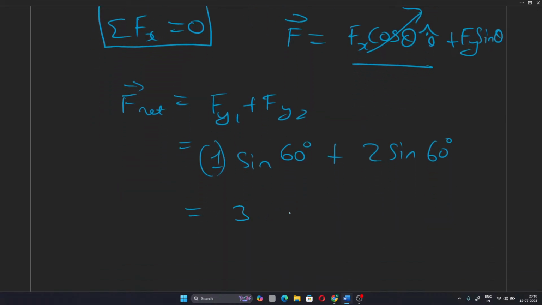It will be 3 sine 60 degree. Sine 60 degree is root 3 by 2, I think.